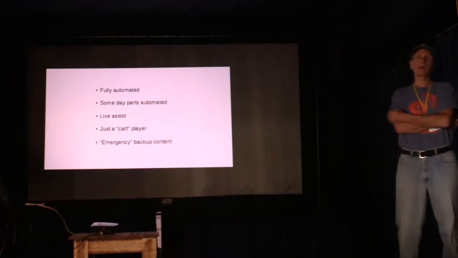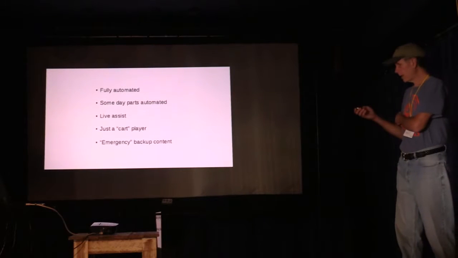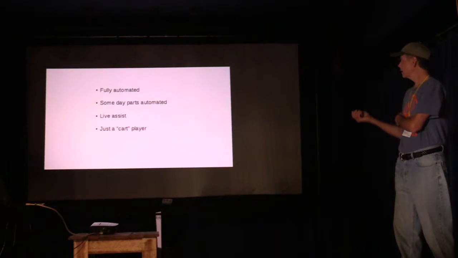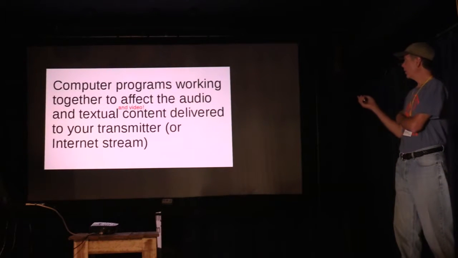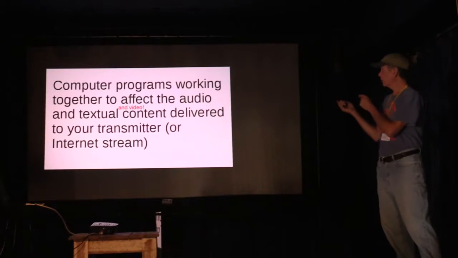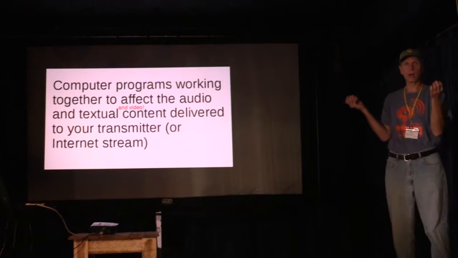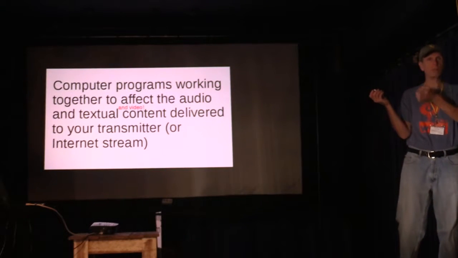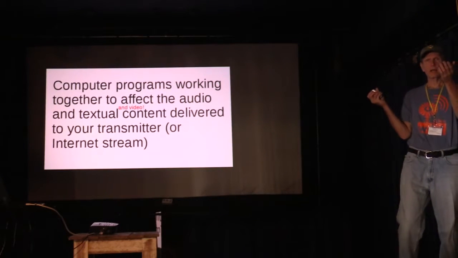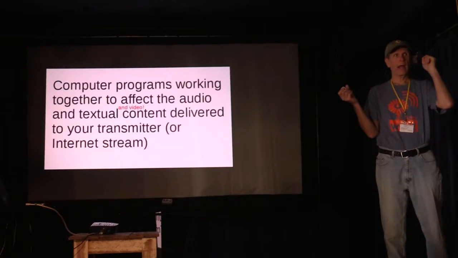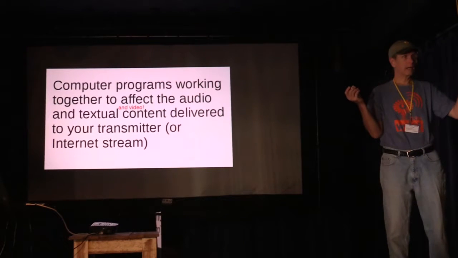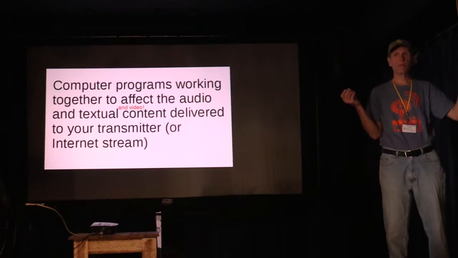When we talk about computer programs working together to affect the audio, it's not just playing stuff. As Bob pointed out, a modern automation system can actually control physical devices.